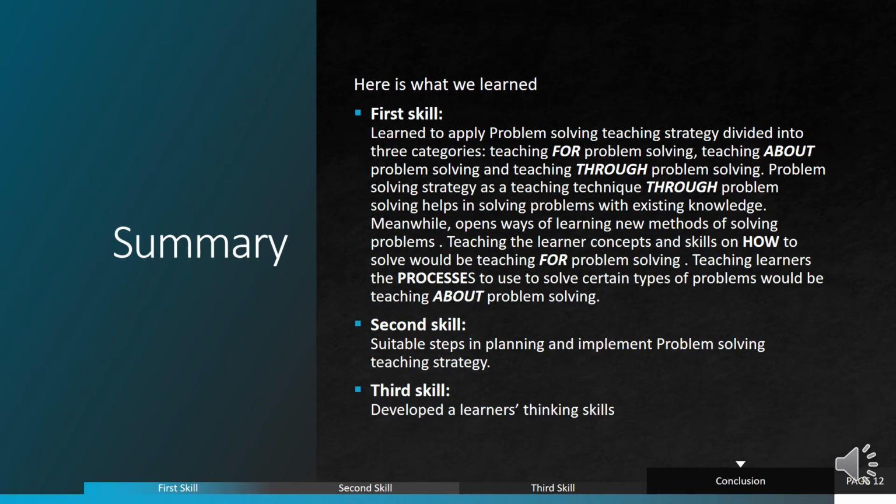In summary, what have we learned? Our first skill is how we apply problem solving within these three categories of teaching: for problem solving, teaching about problem solving, and teaching through problem solving, and using these techniques to teach in the classroom with the example presented on the slide, on the lesson.